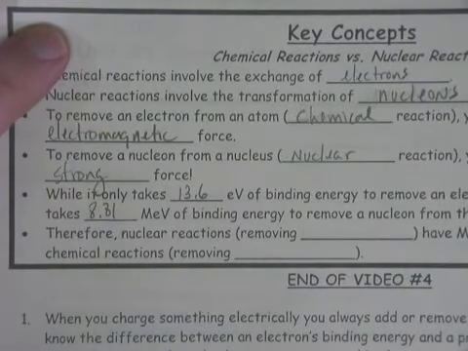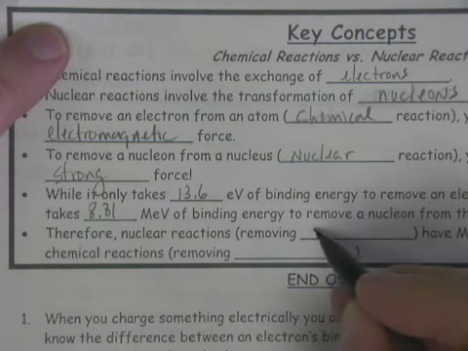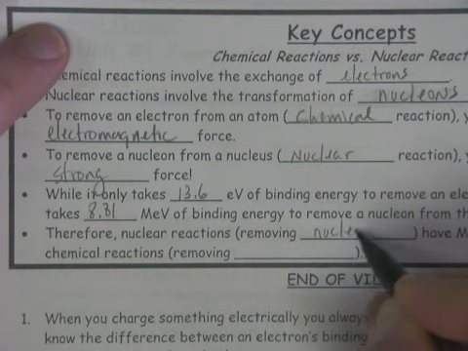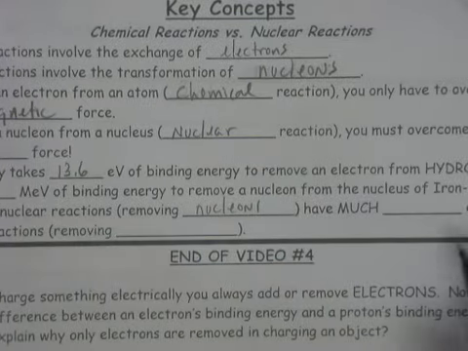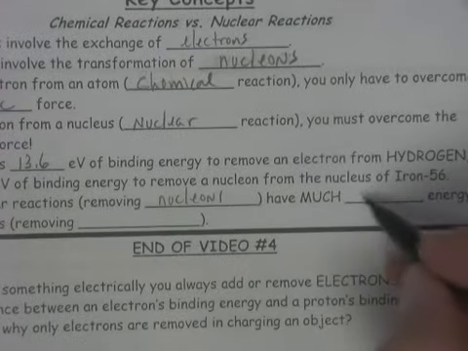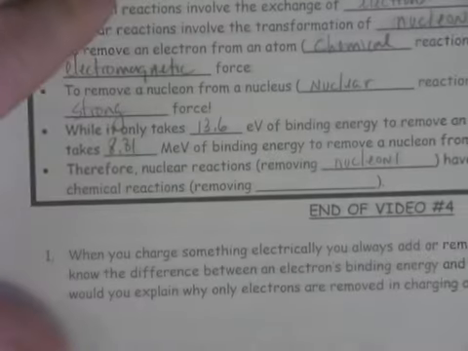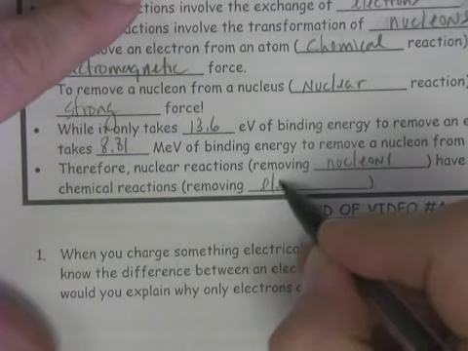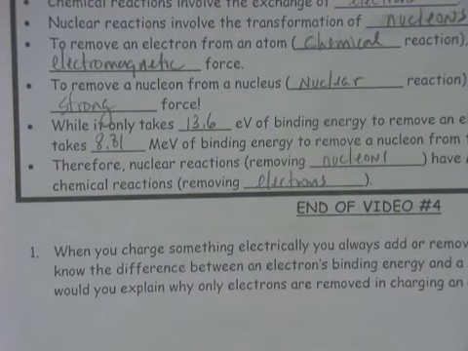So therefore, nuclear reactions, removing nucleons, have much more energy than chemical reactions, and that's removing electrons. And there's the end of video 4.